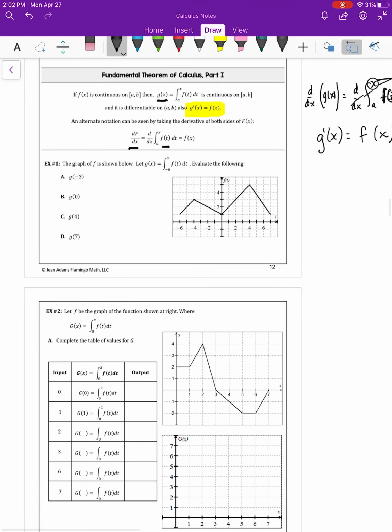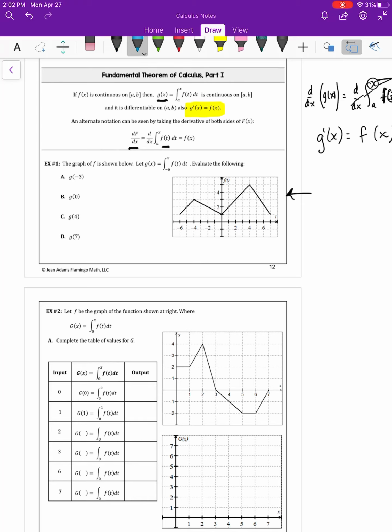So what we have here is the graph of f is shown below. So this function here is f that we have. And let g of x be the integral from -6 to x f of t dt. Evaluate the following.